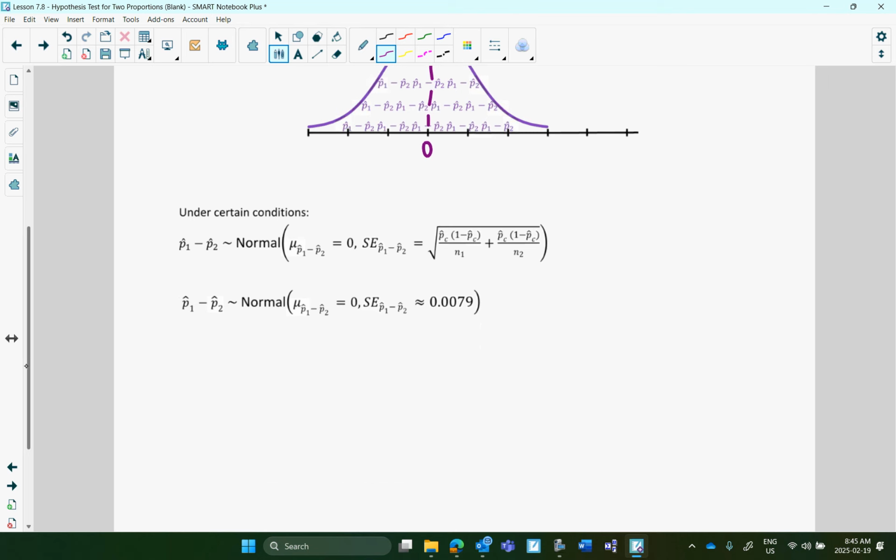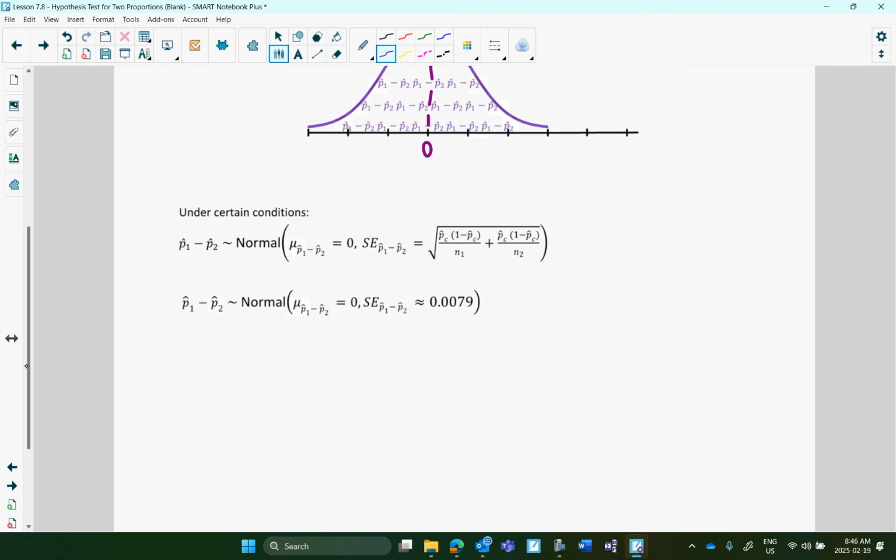So remember, under certain conditions, and we'll talk about those conditions later when we do the full solution to this problem, the difference in the sample proportions takes a normal distribution. The mean of all of these will equal the null value. And remember, the null value was 0, no difference. So that's why we put 0 here.